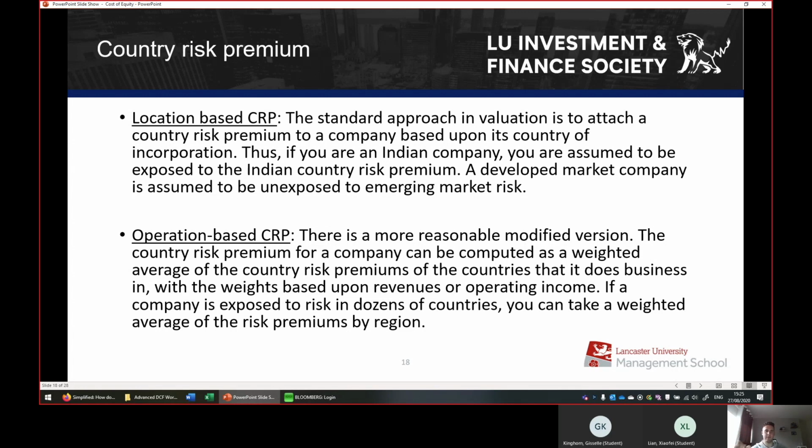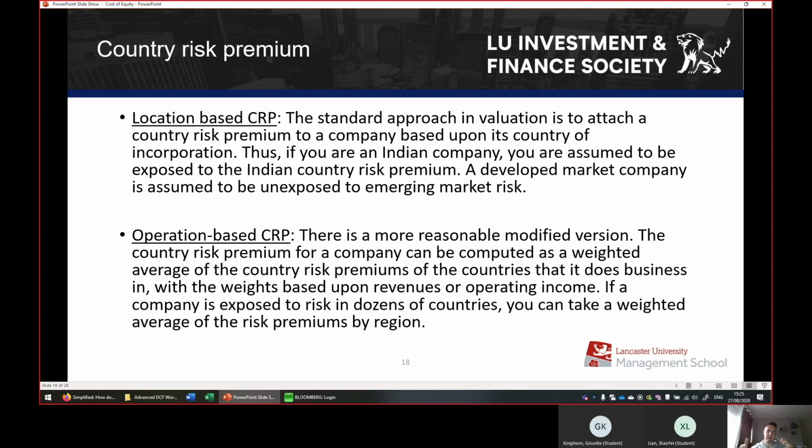Looking at the other side, there are companies that depend a lot on the operation-based country risk premium, which is where you're selling your stuff to. So Apple, as I said, they sell across the world. A lot of their revenues will depend on where they sell their products.